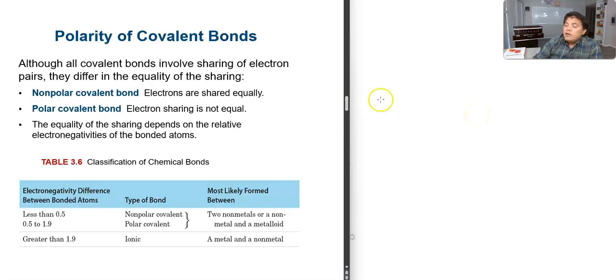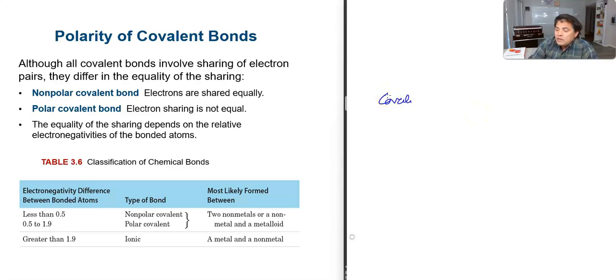So now we have learned covalent and ionic, right? What happens is that a covalent bond can be polar and non-polar both. For example, suppose hydrogen and oxygen, this is the bond, this is water.